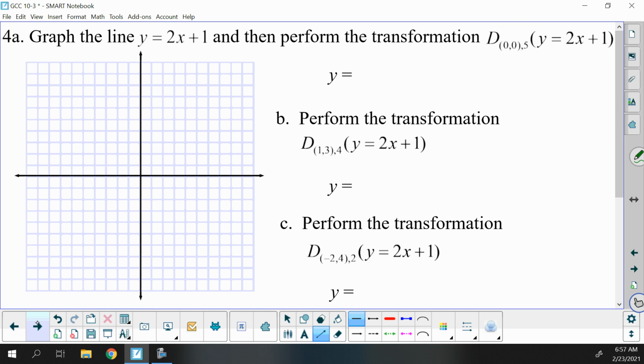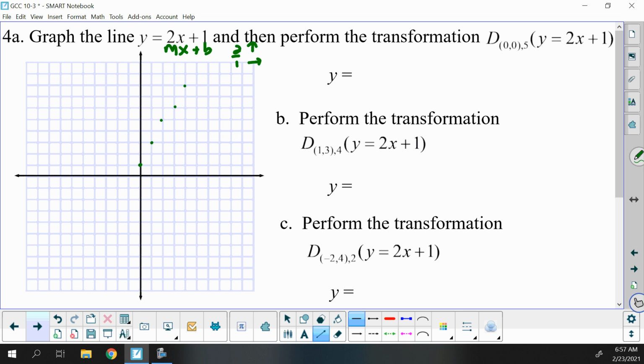Going over to page 24, we want to graph y equals 2x plus 1. Well, remember mx plus b, we want to start with the y-intercept, which is the b, which is 1. So we'll put a point here on 1. And then the slope, 2, is really 2 over 1. So we're going to go up 2, because it's positive, and right 1. So keep going up 2 and right 1 over and over again.